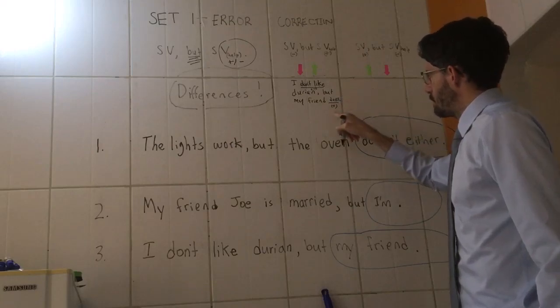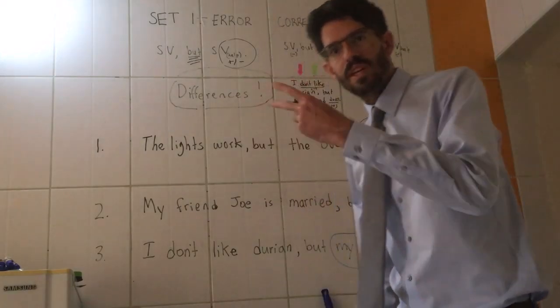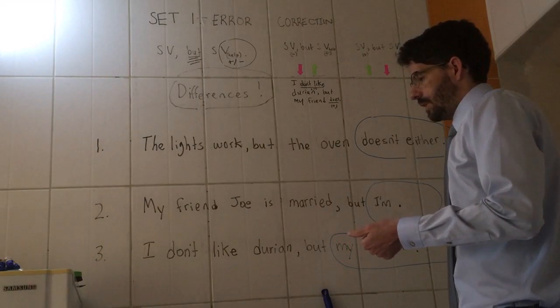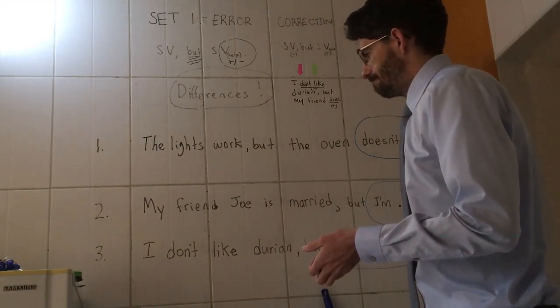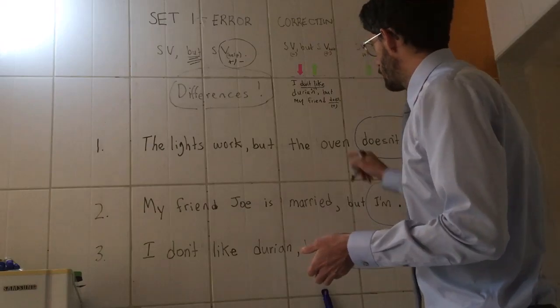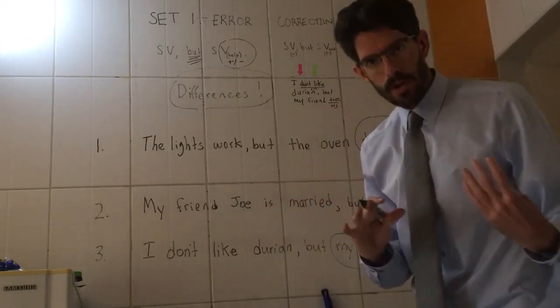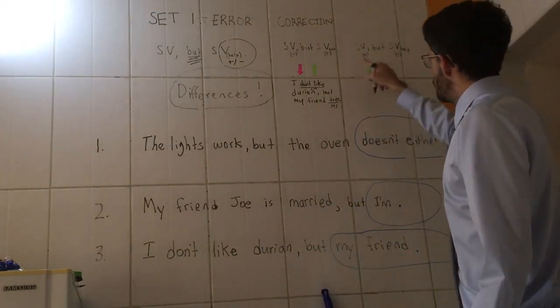Okay, so I'm using a helper verb in clause number 2. This is similar to when you're using helper verbs when you're talking about similarities from the last video, okay? This example is different.